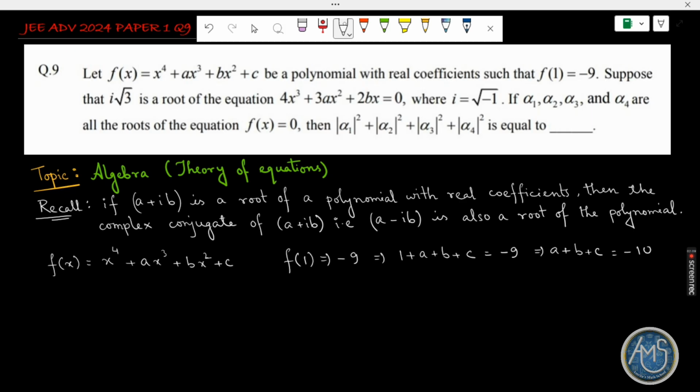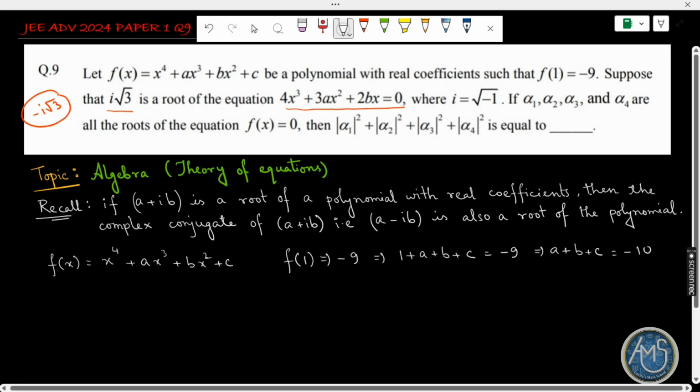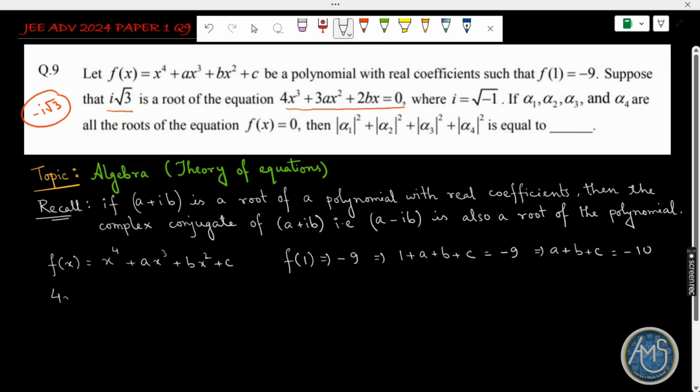Now the second information given is that 4x cube plus 3a x square plus 2b x equals 0 has a root i root 3. That means minus i root 3 is also a root, because it is the complex conjugate of i root 3. So let's write 4x cube plus 3a x square plus 2b x equals 0. We can take x as common.